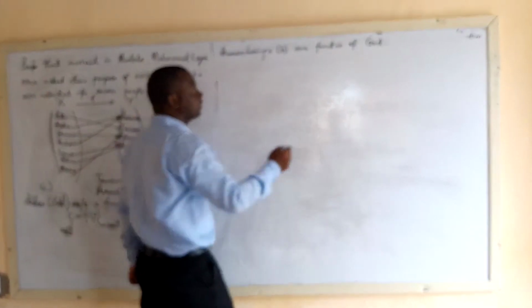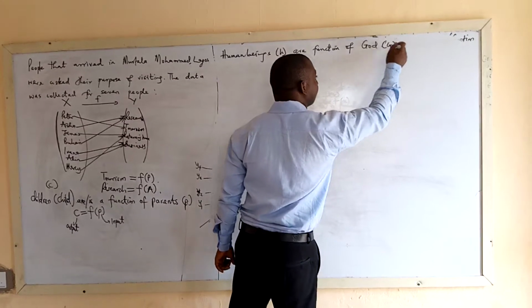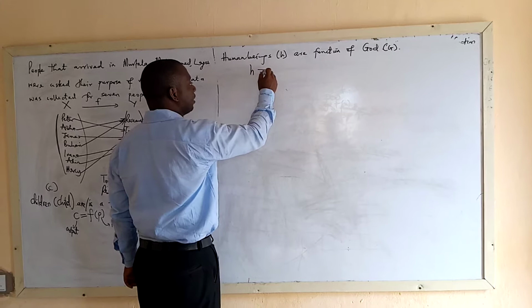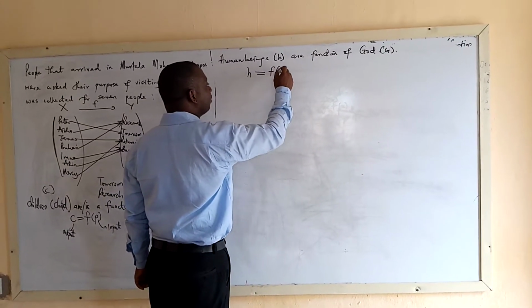So how do I write that? I write G for God. So it will be H is a function of G.